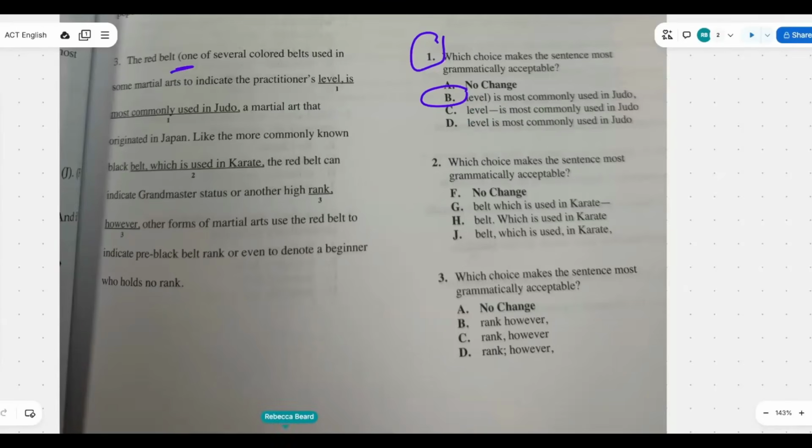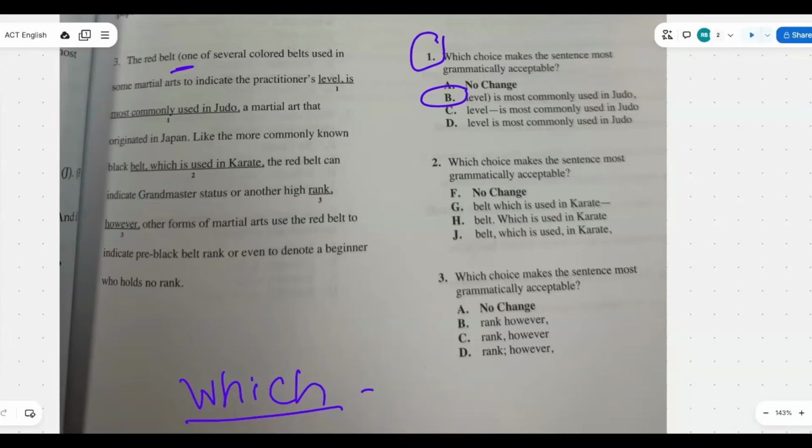And then number 2, we're looking at what they're testing. "Belts, which is used in karate," well, we get the gist there. On this one is where I was hinting about the word which, or one of the hints. I am not an English teacher, so I cannot guarantee every single time, but most of the time, if not all the time, you should not be starting your sentences with the word which.